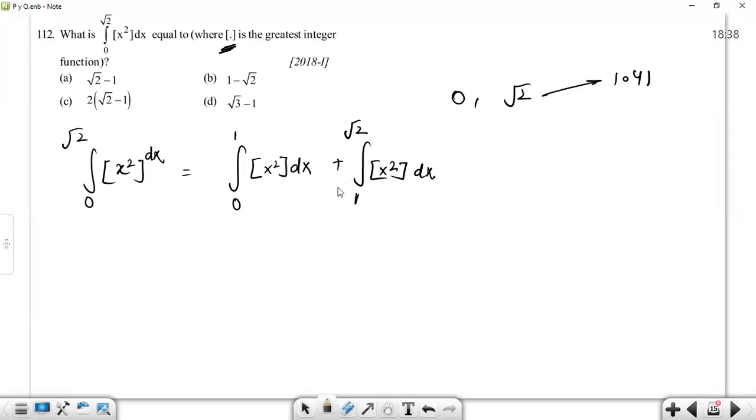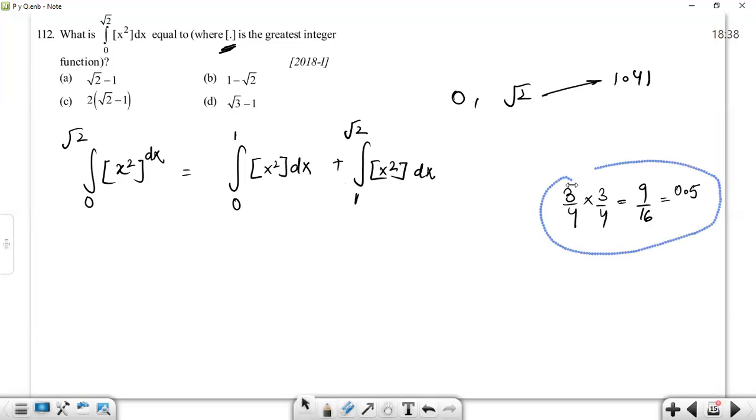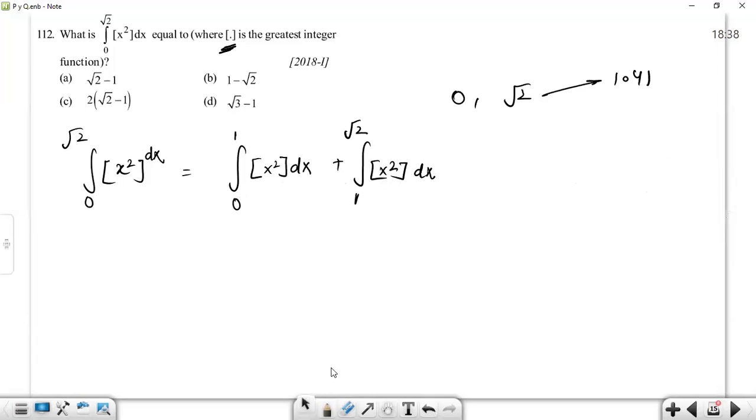Now for all values less than 1, let's consider 3 by 4, its square would be 9 by 16, the value would be somewhat around 0.5, so the greatest integer would be 0 only. So that's why we are breaking this function.